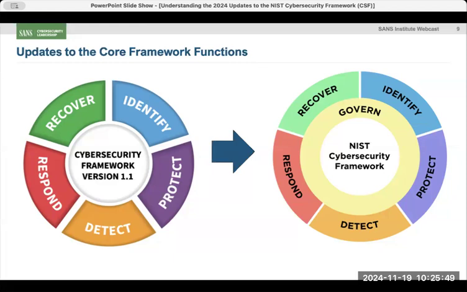But again, is it asking you to do wholesale new things? I don't know that's necessarily the case. But do I like the new wheel and the way the new wheel is set up? Absolutely. In fact, I think the thing that I'll see probably more often, or used more than anything else out of the NIST CSF holistically, is this diagram. This diagram is the thing you're going to see people use over and over again.